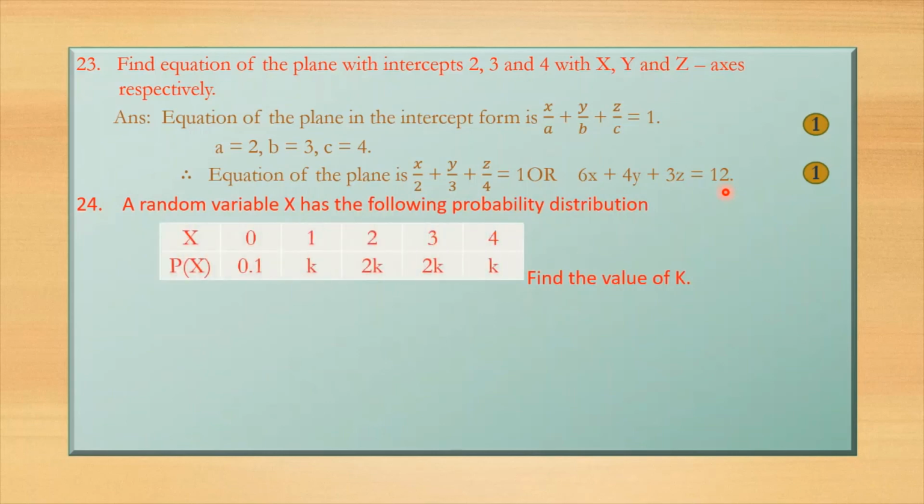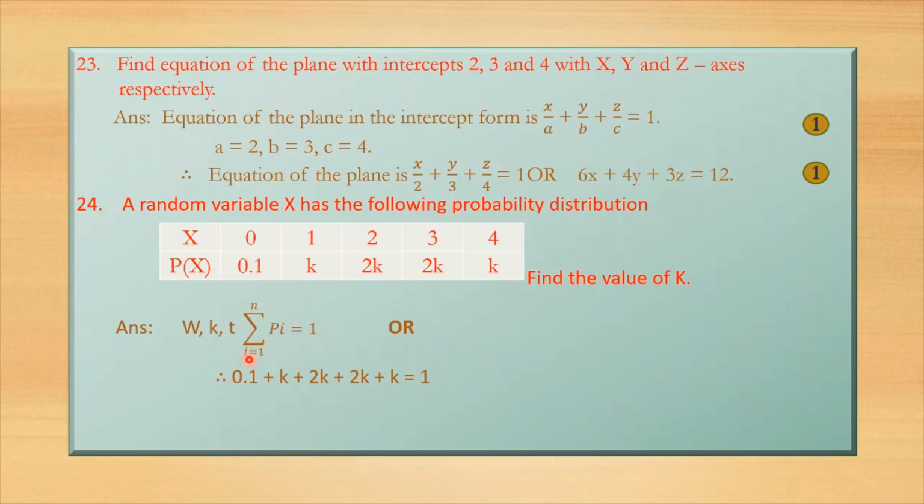Question number 24. The random variable X has the following probability distribution: the probability of getting 0 is 0.1, of 1 is k, of 2 is 2k, of 3 is 2k and of 4 is k. Find the value of k. Dear students, here we know that the sum of the probability distribution is equal to 1.